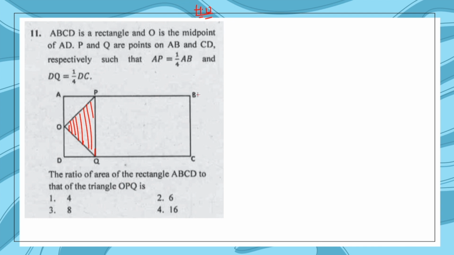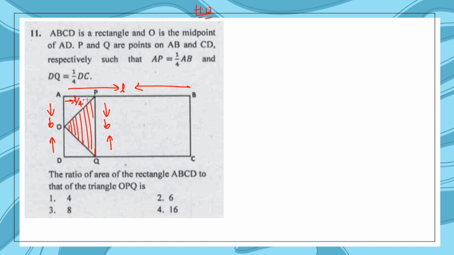So how to do that? First of all, we have to consider the length and width of this rectangle. Let's say that the length of this rectangle is L, and this is B, the width. So if AD is B, of course PQ will also be B, and since this length AP is 1 by 4 of AB, this will be L by 4.